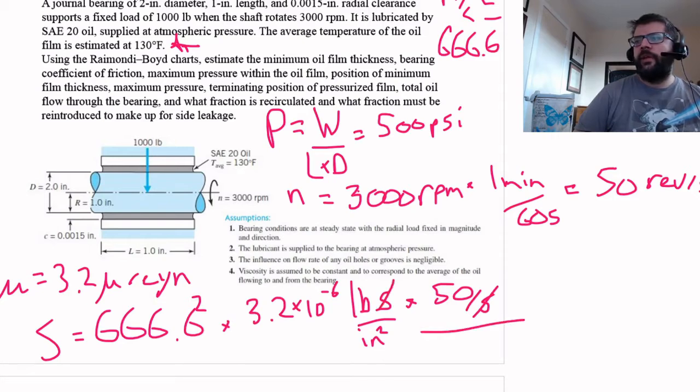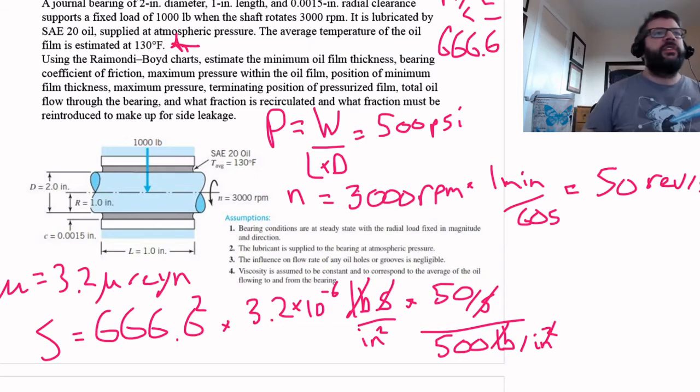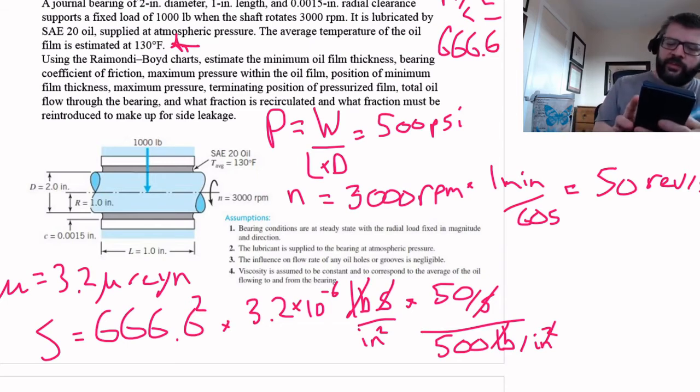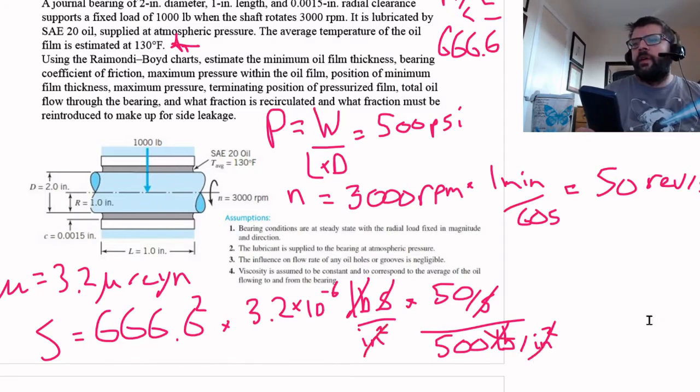Then divide by our bearing pressure, 500 pounds per inch squared. The pounds cancel out and the inches cancel out, and we're left with a dimensionless number, which is exactly what we expect. So 666.6 squared times 3.2e-6 times 50 divided by 500 gives us a bearing characteristic number of 0.142.